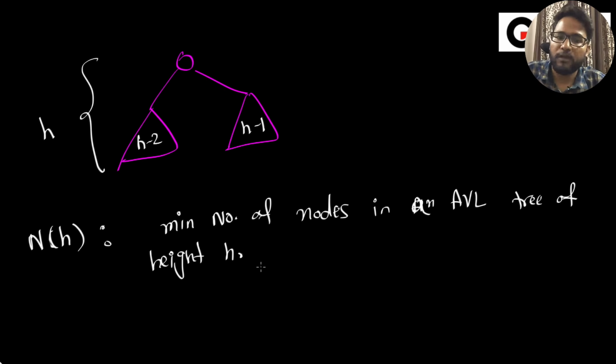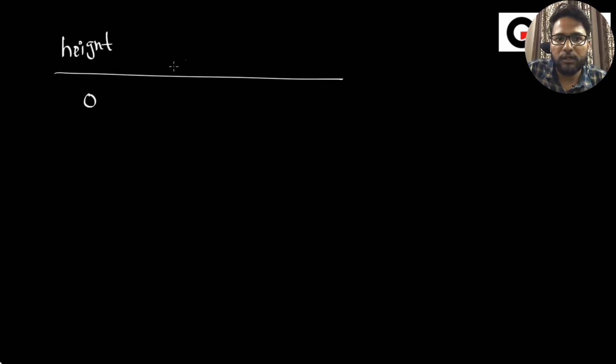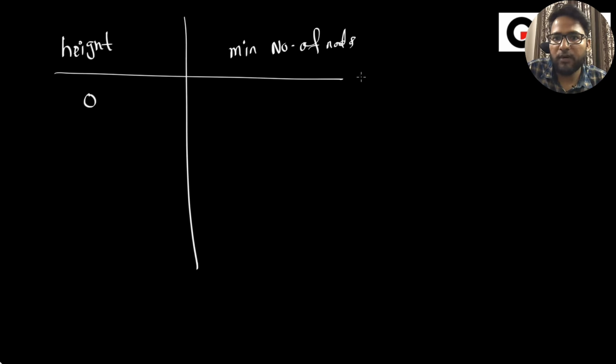Before I derive the recursive formula, let's just do it numerically. Suppose that you want height 0, and then what can you say? The minimum number of nodes here, just write it down, and also draw how the tree looks.